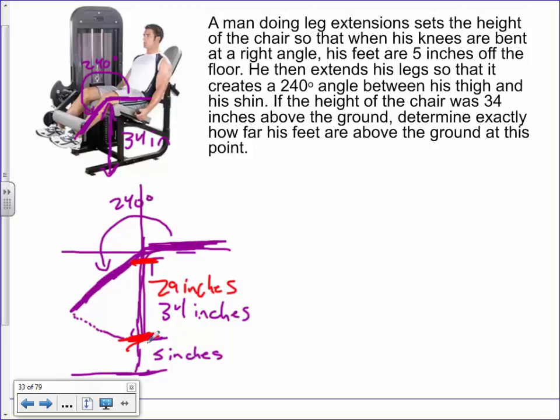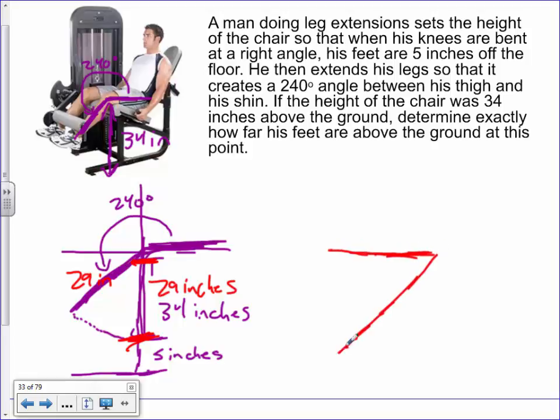Okay, well again, that doesn't actually help me with a triangle yet. But can you see how if from my knee to the bottom of my foot that's 29 inches, then as I swing that out, is it not still 29 inches as it's swung outwards? Basically what I can tell you now is that it's 29 inches on that hypotenuse right there. His legs are 29 inches, or at least from his knee to his feet. I can draw a triangle then.